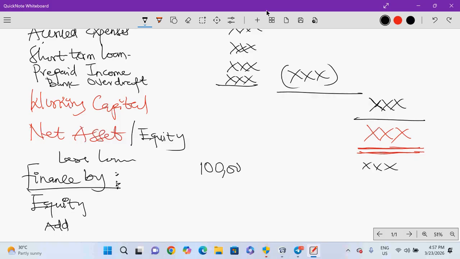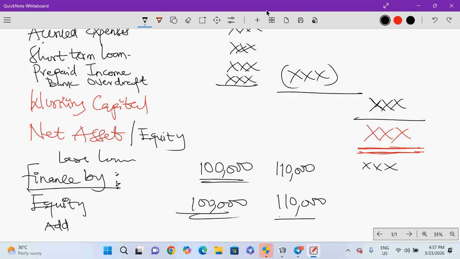At the end of the day, we will not be getting the same answer. You may have 100,000 as your balancing figure, so you are correct. I may also be having 110,000. It is also correct, I balance it. Right, we are all correct.